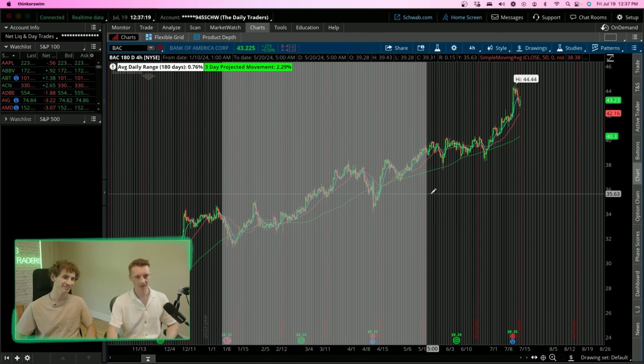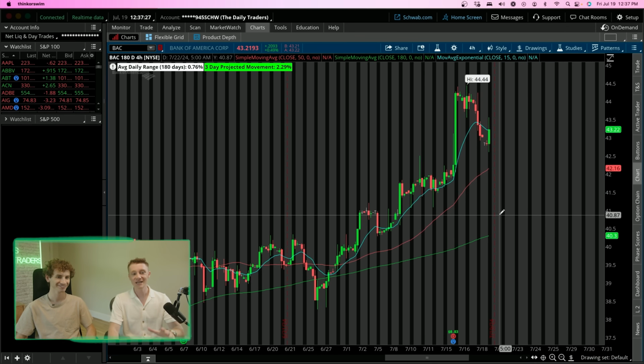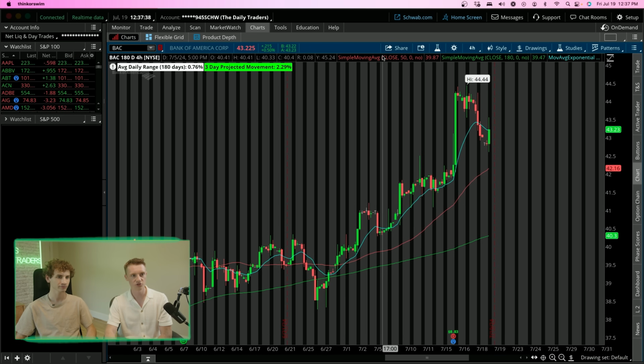Is that the green line? Yes, so that's the green line, the red line, and the blue line. The green line is actually called the 180-day SMA. There's SMAs and EMAs: simple moving averages, SMA, and exponential moving averages, EMA. You can see on my trading platform here, simple moving average and moving average exponential.